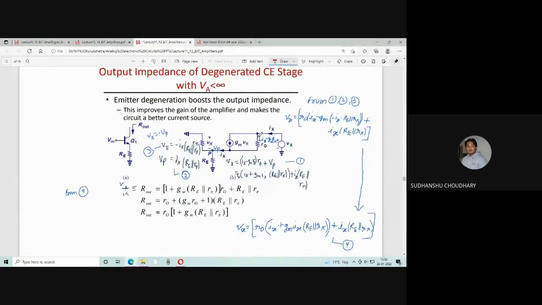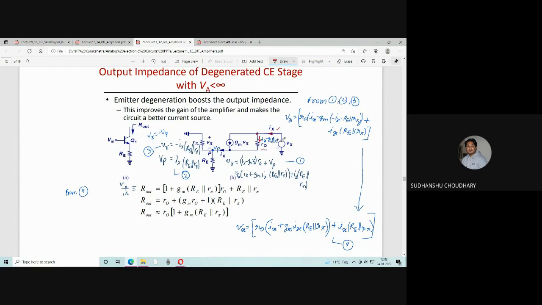For the same circuit, let us do the analysis. First of all, let us write the current through this R naught. Let us say that the current going in is Ix. So the current through R naught will be equal to Ix minus gm V pi. That is the current through R naught.